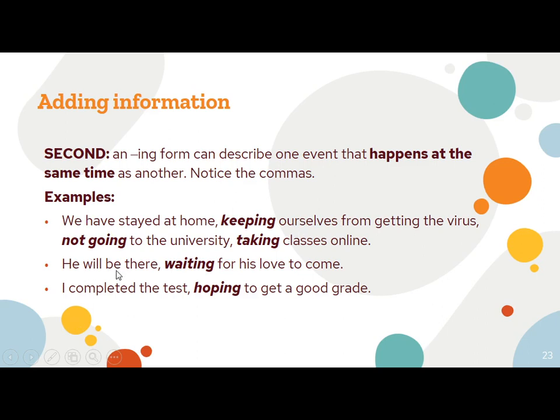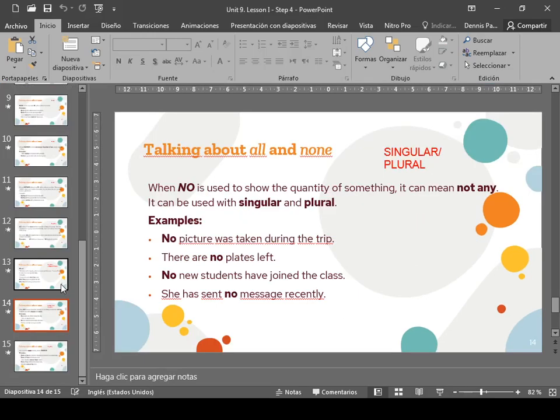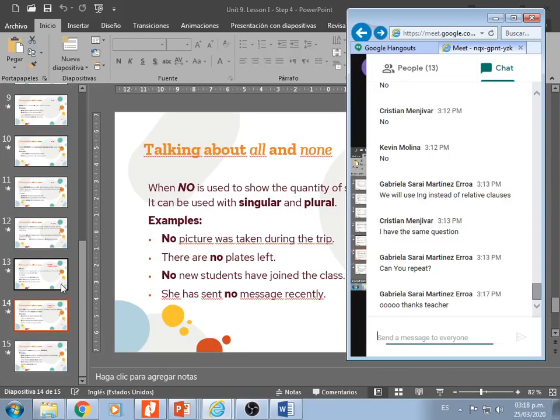He will be there, waiting for his love to come. Who's waiting for the love? The same person as in the first sentence. I completed the test hoping to get a good grade. Who hopes? The same person. So that means you can add more information, and that extra information that is happening at the same time has to be in the -ing form. Okay?